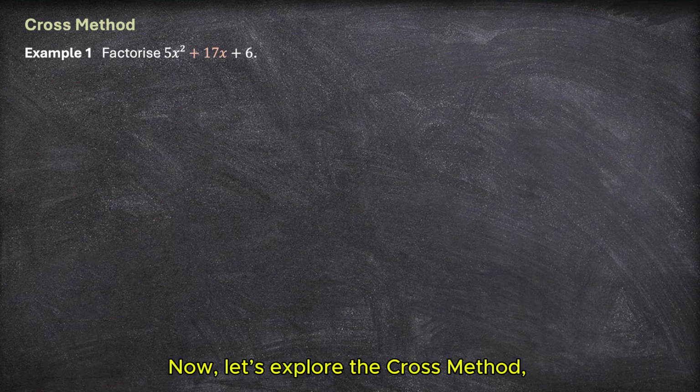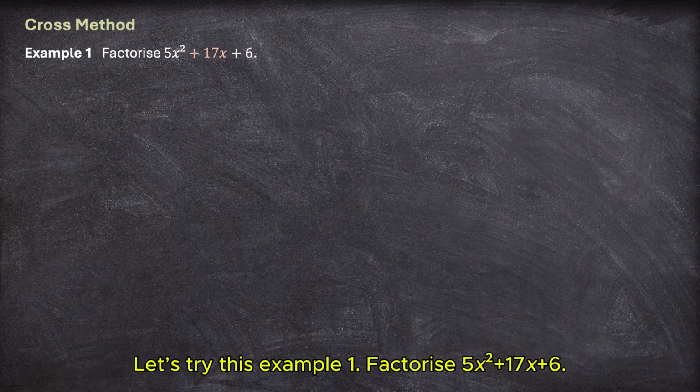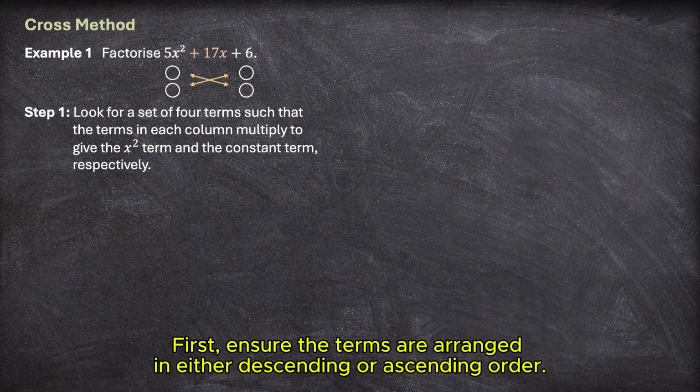Now, let's explore the cross method, another powerful technique that's particularly useful when factoring trinomials where the coefficient of x squared is not equal to 1. Let's try this example. Example 1. Factorize 5x squared plus 17x plus 6. First, ensure the terms are arranged in either descending or ascending order.